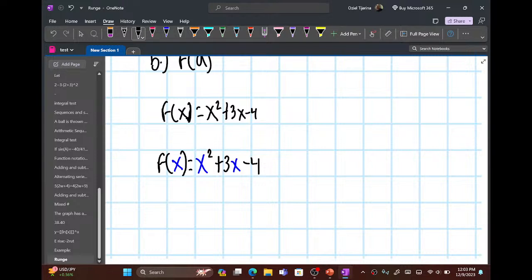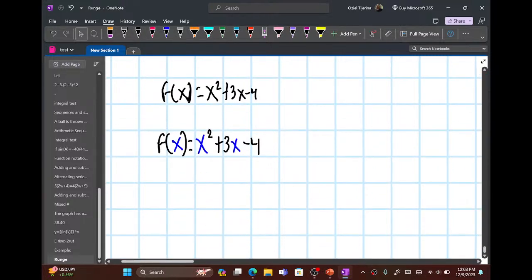We want to make it equal to a, so f of a will be the quantity a squared plus 3a minus 4.